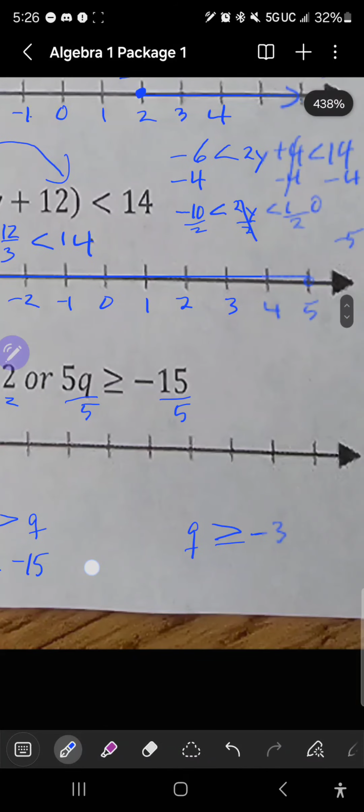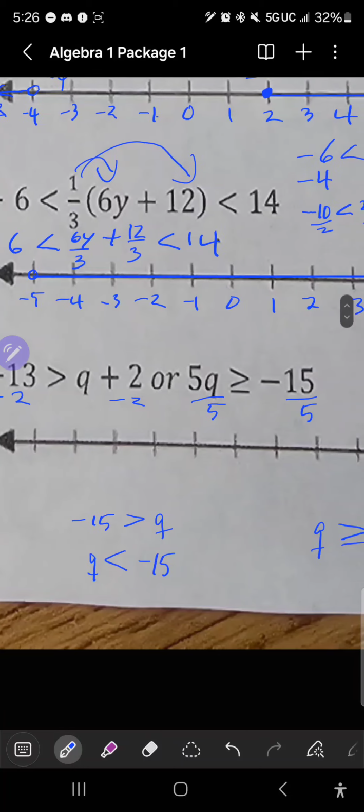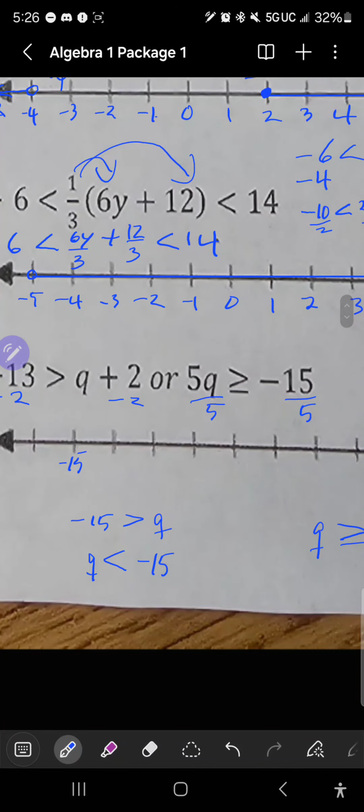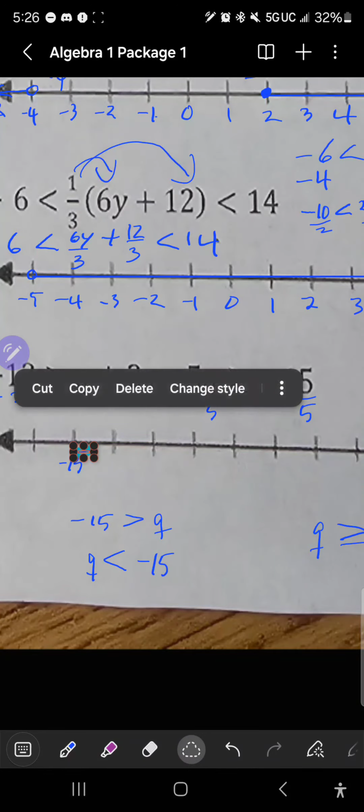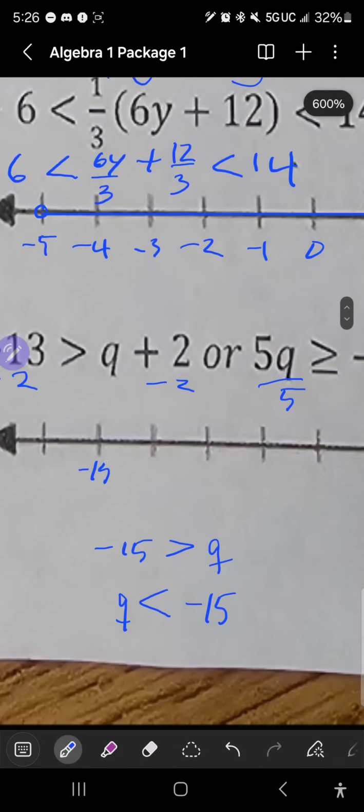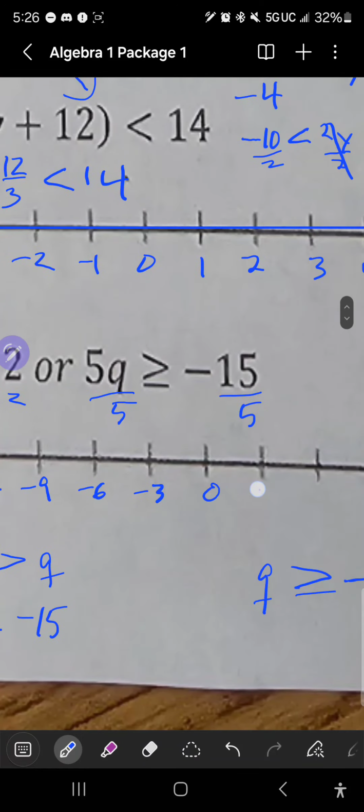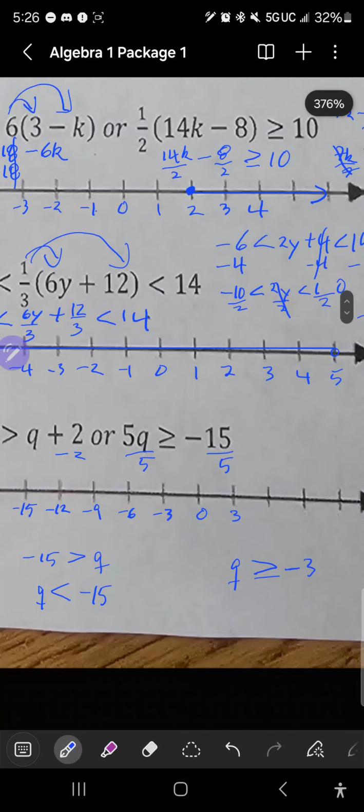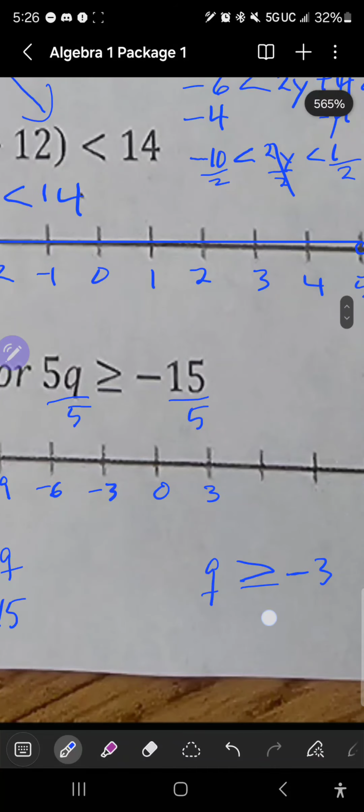So to graph, I'm going to label this negative 15. And for the sake of space, I'm going to go by multiples of 3. So negative 15, negative 12, negative 9, negative 6, negative 3, 0, 3, etc. You see that the negative 3 one is going to the right, the arrow is pointing to the right, and you see an equal sign, so it is included.